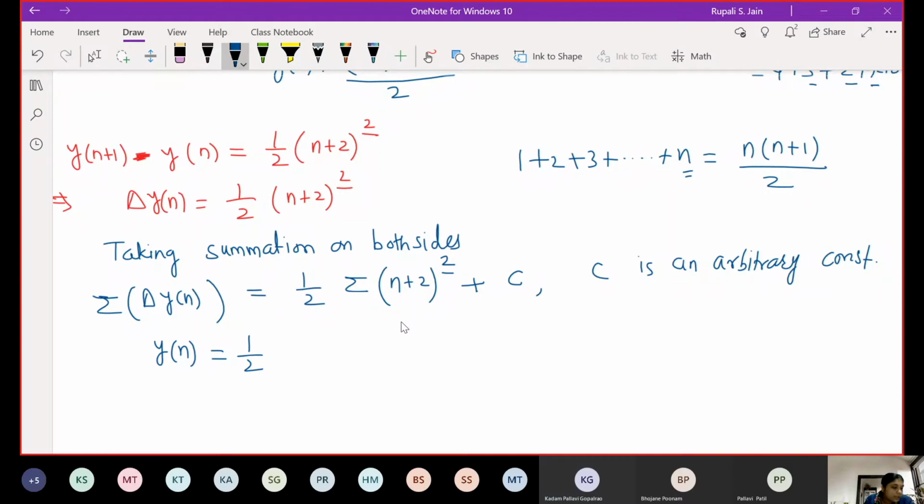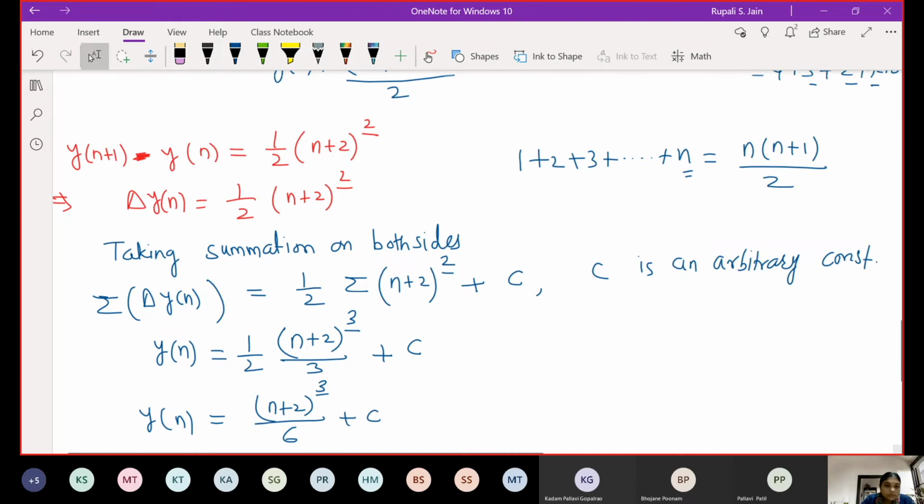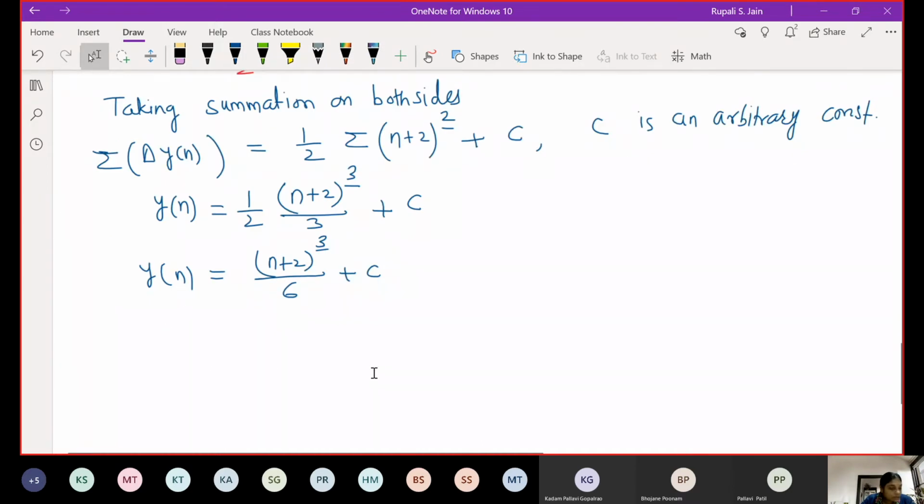So what will this be? n plus 2 to the 3 falling divided by 3, and plus c as it is. So it is equal to n plus 2 to the 3 falling divided by 6 plus c. That is my y at n. Am I right?